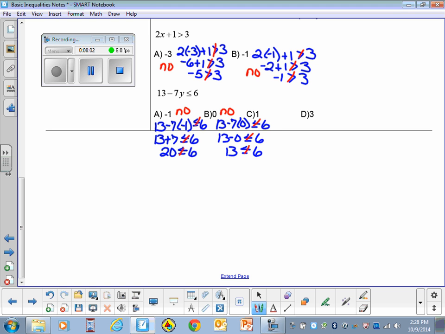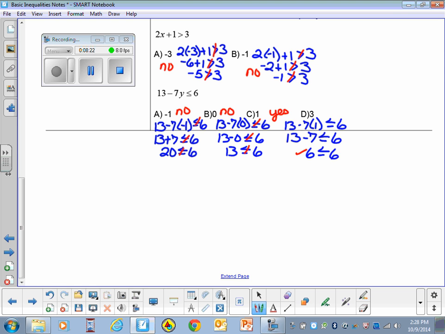Get there eventually. Let's see. 13 minus 7 times 1 less than or equal to 6. 13 minus 7 less than or equal to 6. 6 less than or equal to 6. Yes, it's not less than, but it is equal, so this is a yes.